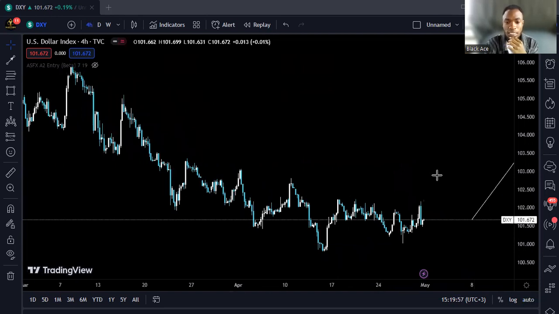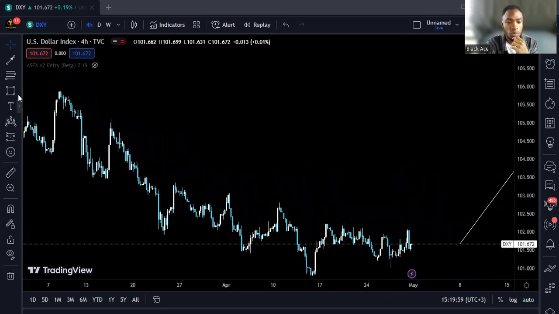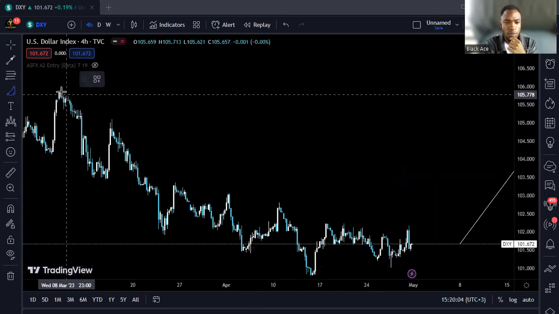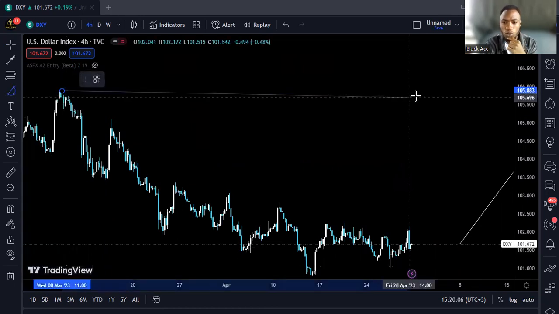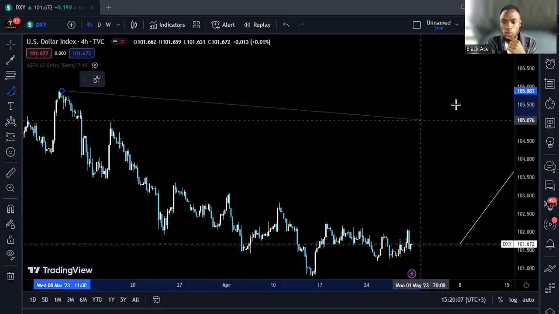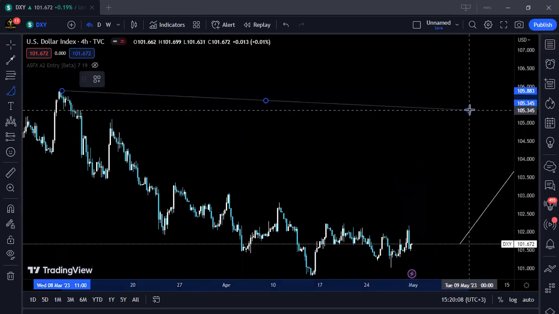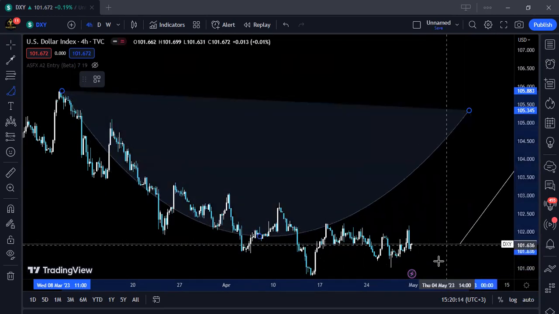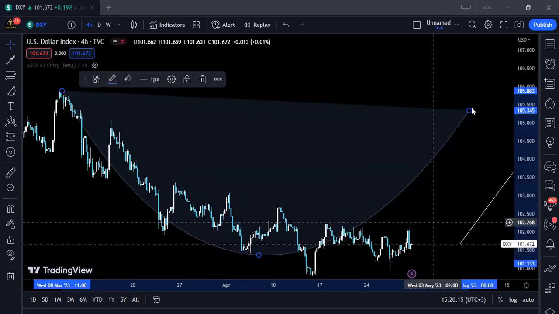So what we should be anticipating, obviously, as we know, we're going to put in that arc pattern. So this is what I'm anticipating prices to play out.